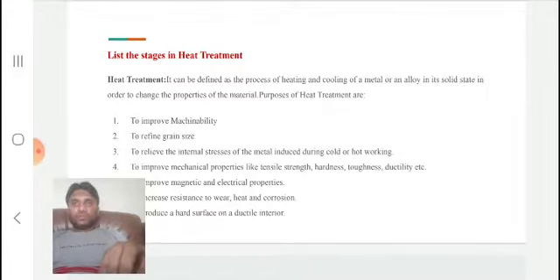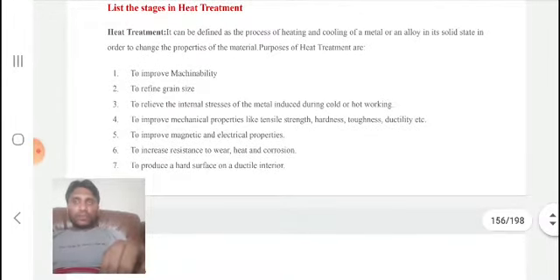So the purposes of heat treatment are to improve machinability, to refine grain size, to relieve the internal stresses of the metal induced during cold or hot working, to improve mechanical properties like tensile strength, hardness, toughness, ductility, and to improve magnetic and electrical properties.